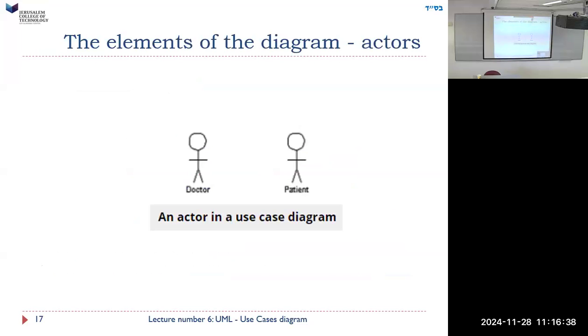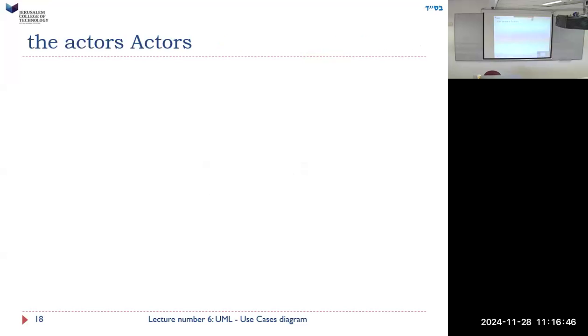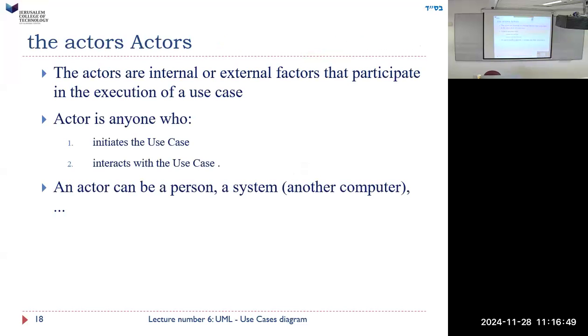As we saw, the elements of the diagram are the actors, which are stick figures, doctor, patient. The actors are internal or external factors that participate in the execution of a use case. An actor is anyone who initiates a use case or interacts with it.